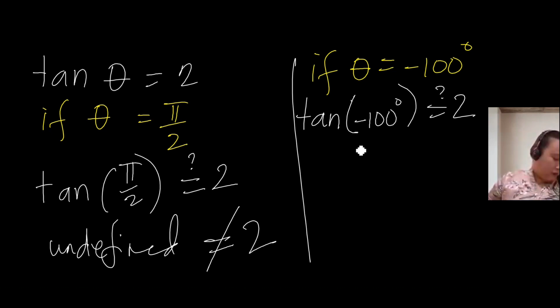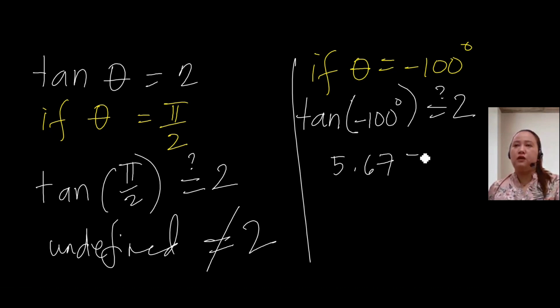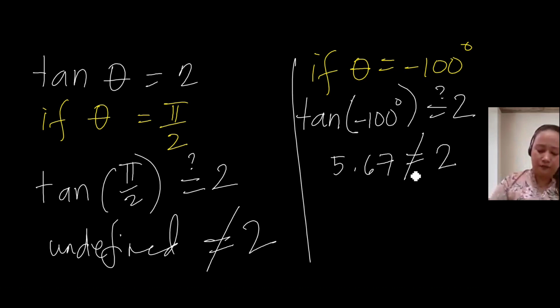If you have your calcu, be sure, since our first example is in radian and the second is in degree, you have to change the mode of your calculator into degree. So that is tangent of -100. The answer is 5.67. Is 5.67 equal to 2? Of course not.